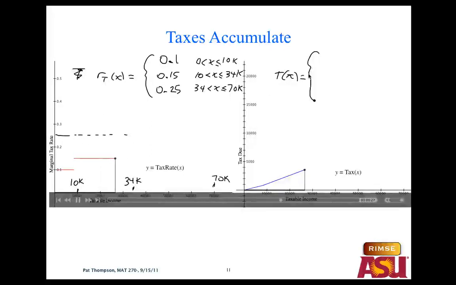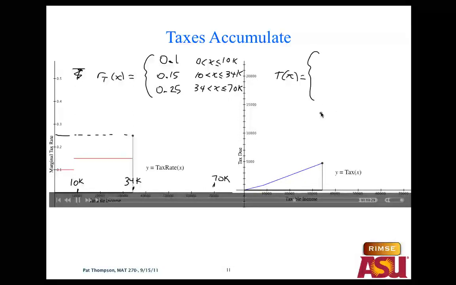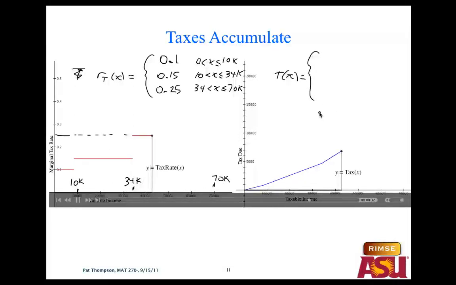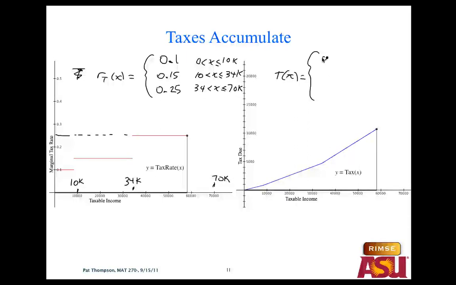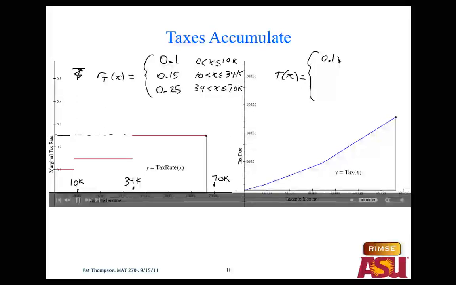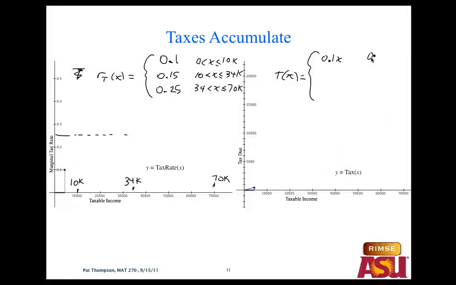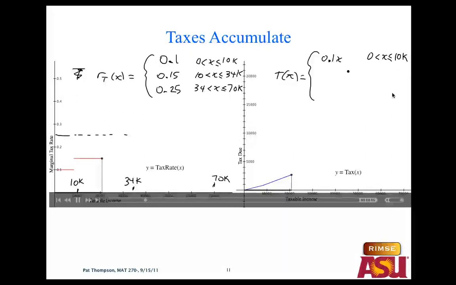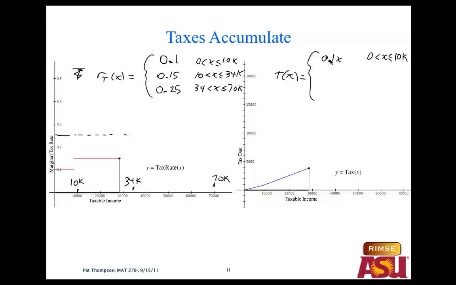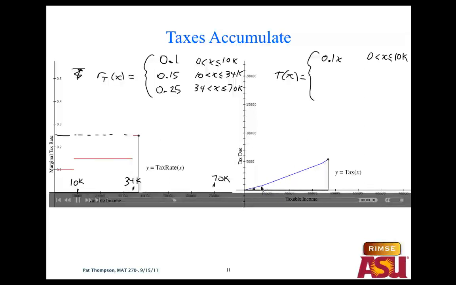Okay, so then what about the taxes due? First piece is 0.1x if x is greater than or equal to 0 and less than or equal to 10,000. So 0.1x, right? And then 0.25 times x minus 10,000. Good. Tax on 10,000, that's right.